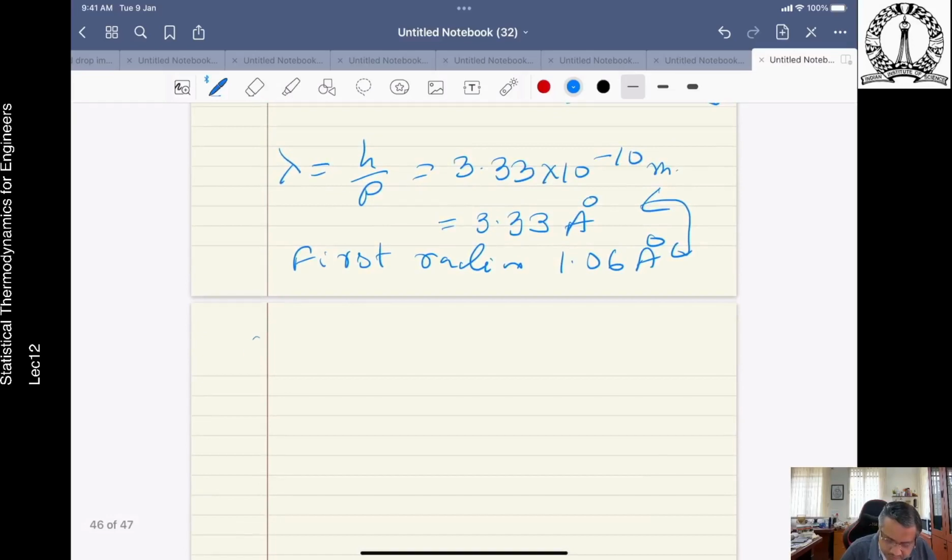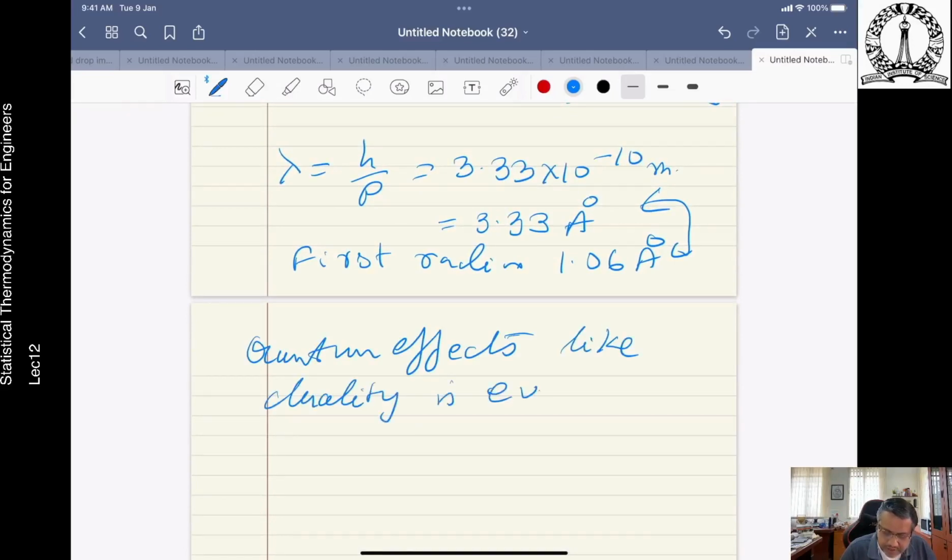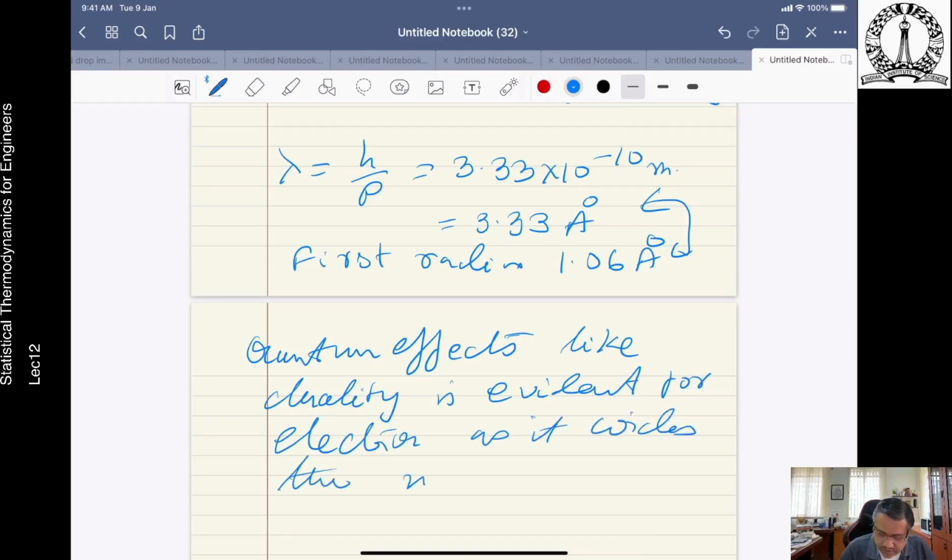Okay, so quantum effects, like this duality, is evident for the electron as it circles the nucleus. So you cannot avoid it because these two are of a similar order, almost close. One is one-third of the other.